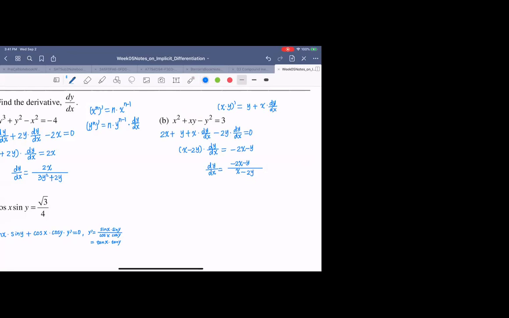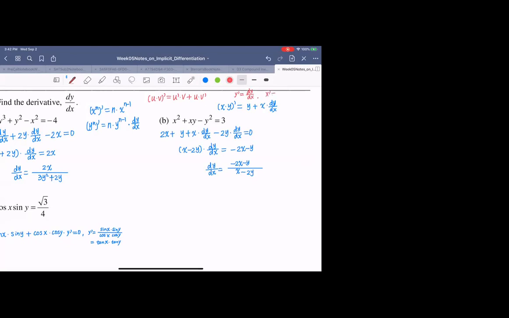Yes, remember when we learned the product rule, we said the derivative of u times v equals the derivative of u times v plus u times the derivative of v, okay? The y derivative is dy over dx. The y derivative means dy over dx.